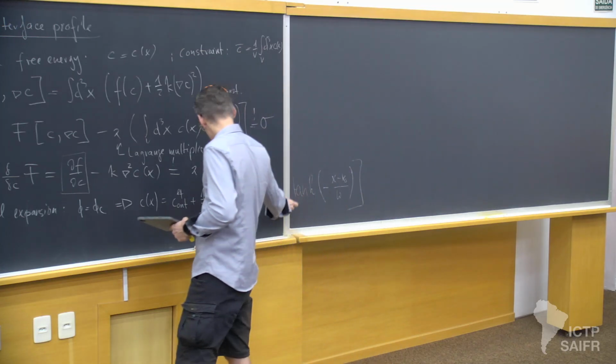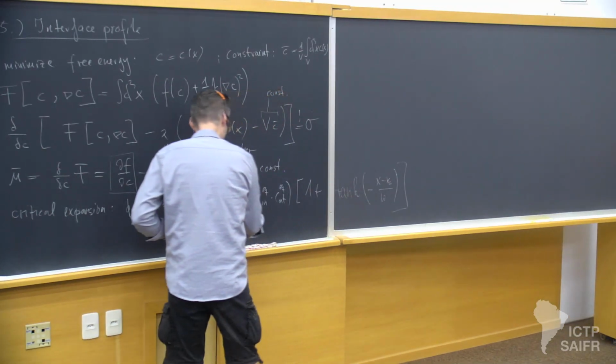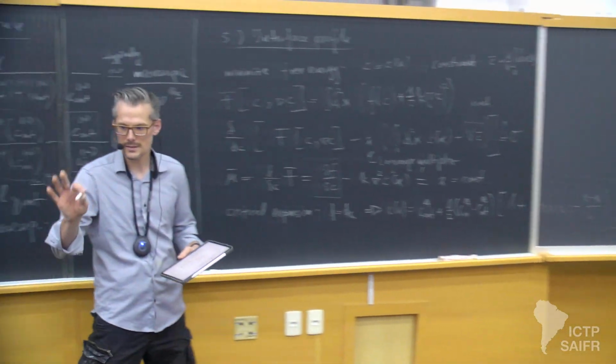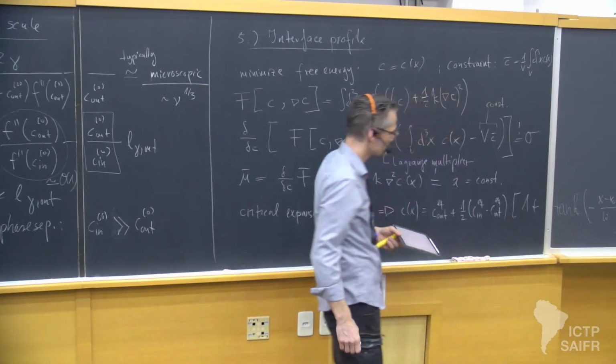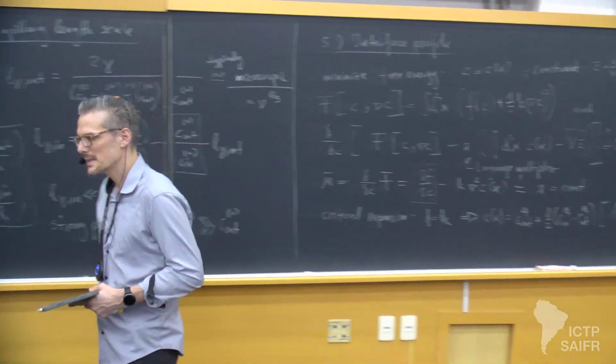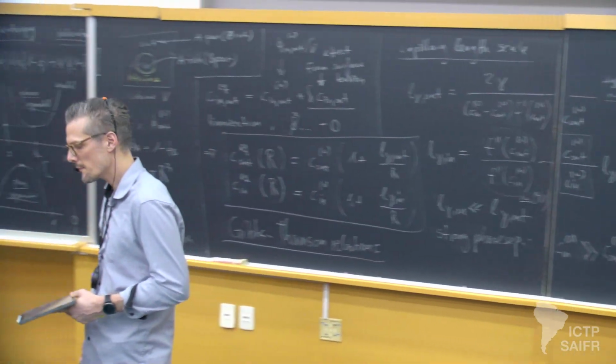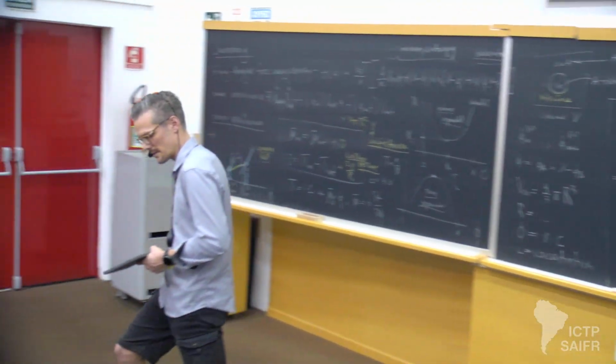So the fundamental solution, these just take care of the boundary conditions, so that the integral exactly conserves this C bar. It is a tanh solution. This is the famous classical interface solution.